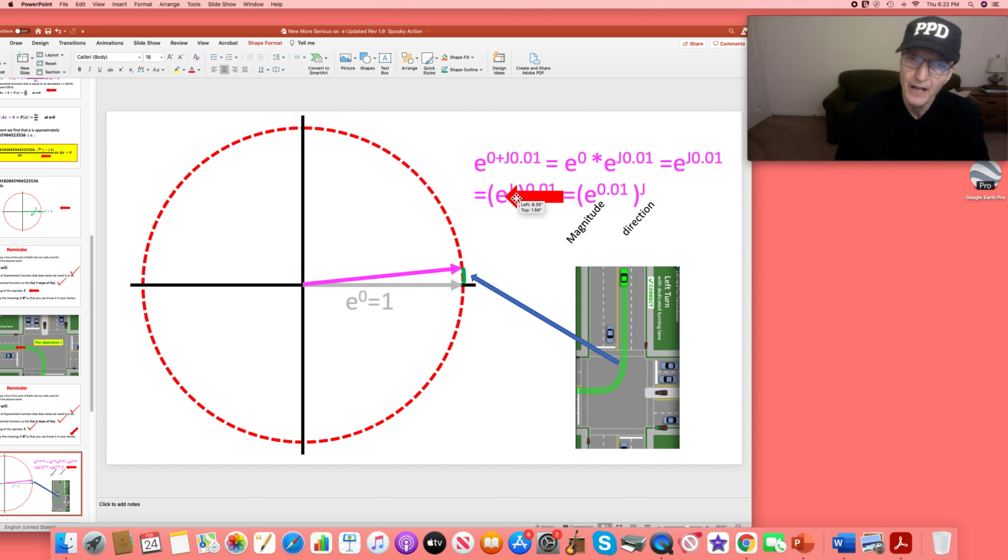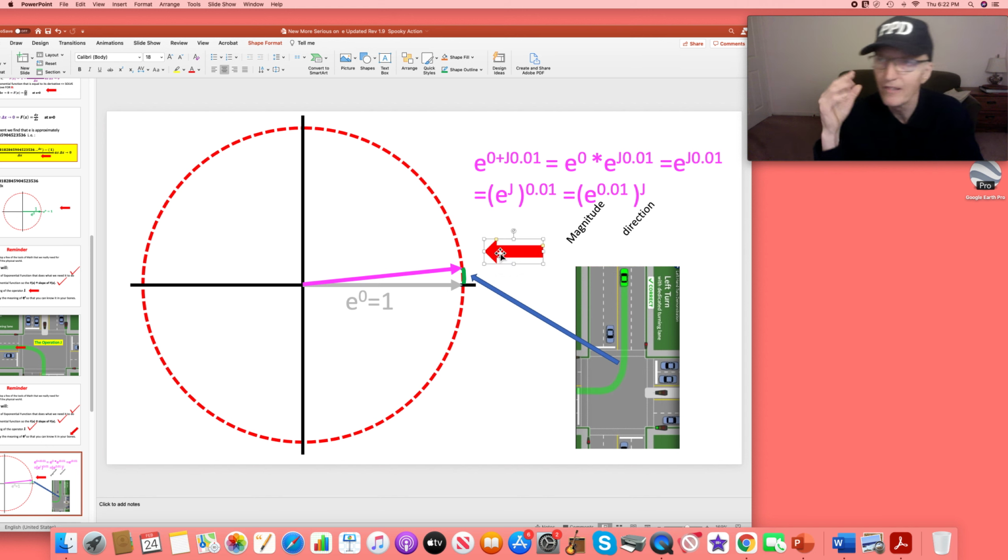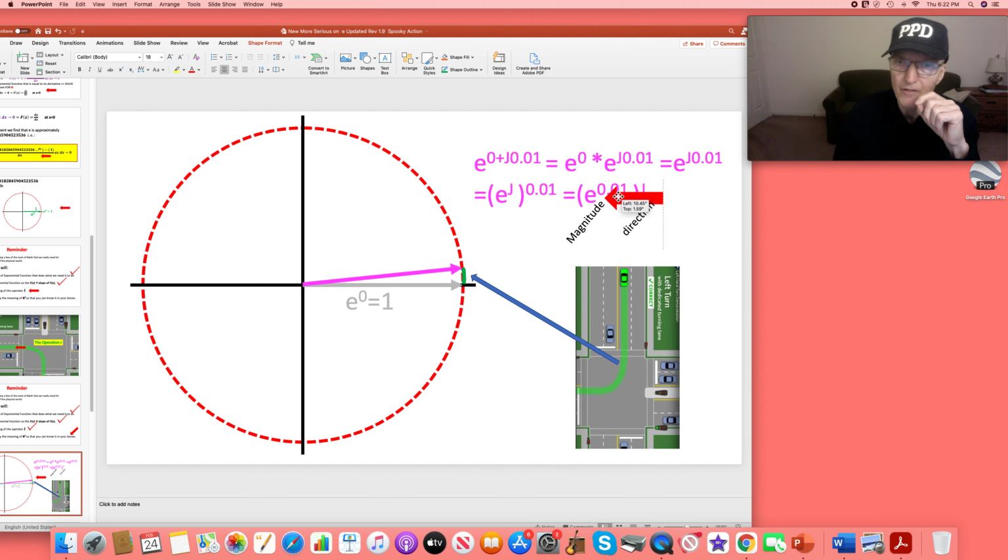We're using that now, that e to the j. We're seeing what it is, and it's a new term, and at this point your head's going to be swimming a little bit, because we know what the amount of it is, the magnitude, 0.01.